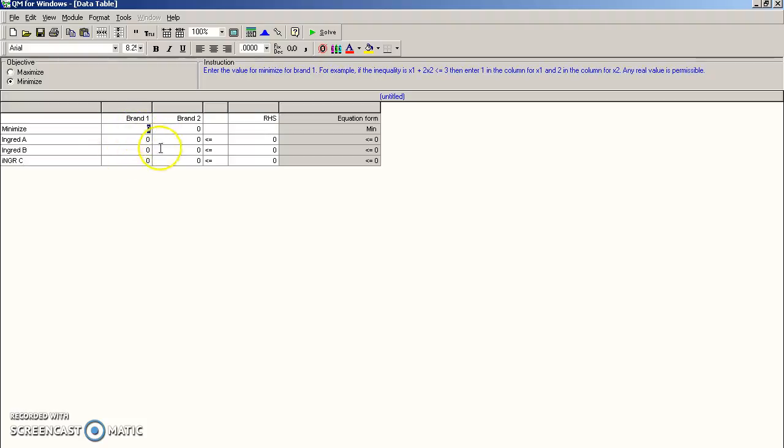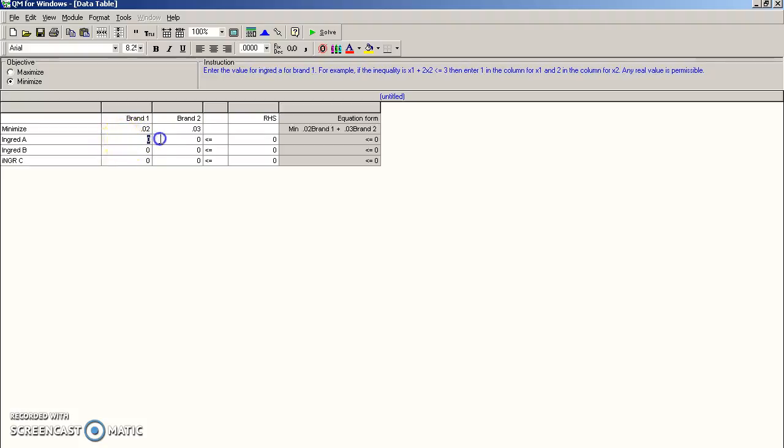Okay, for our costs, it costs us 2 cents for every ounce. And again, the directions are in the text, but it costs us 2 cents for every ounce of brand one, and 3 cents for brand two for every ounce.